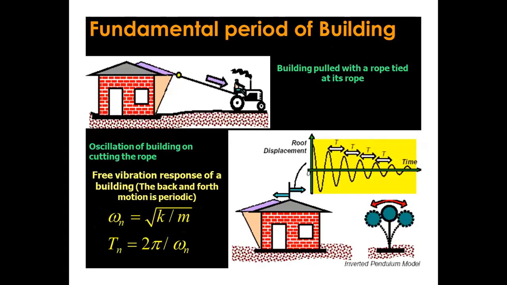In the very next portion, we learn how we calculate the examples and what terms we would consider in these examples. The first one is the fundamental period of building.